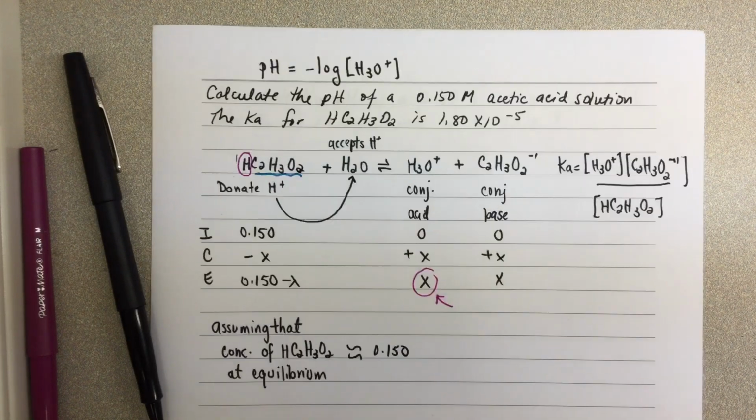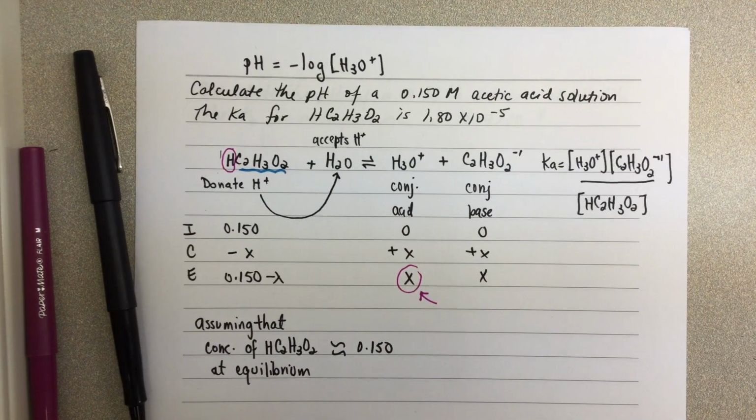So assuming that, you're going to simplify the math and you're going to find out the value of X, and then with the value of X you can actually calculate the pH of your solution.